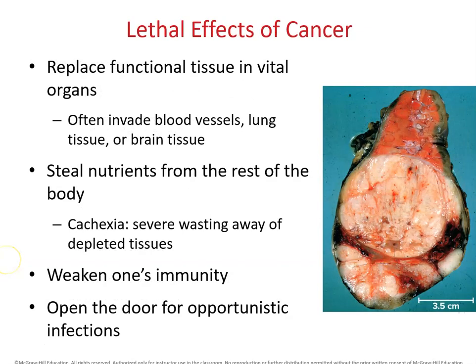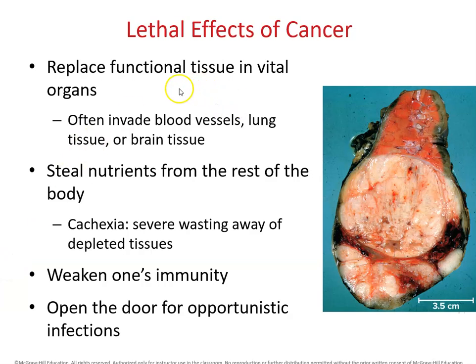And finally, cancer is lethal because it can invade the blood vessels or other critical tissues such as lung or brain tissue and cause damage to those things that's detrimental to the whole body. Cancer cells have very, very fast metabolism.